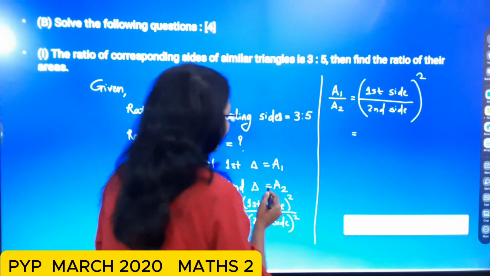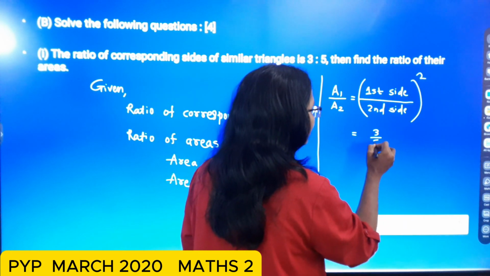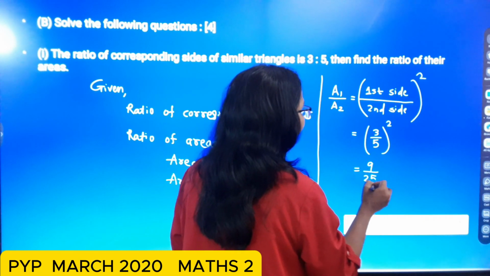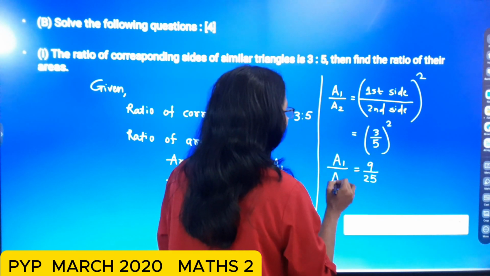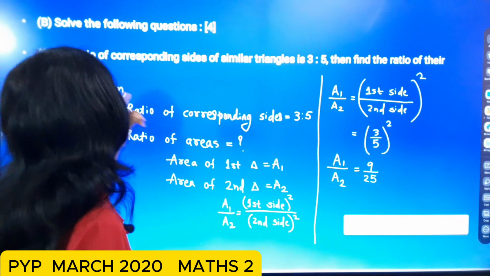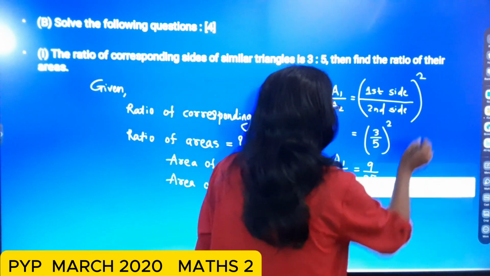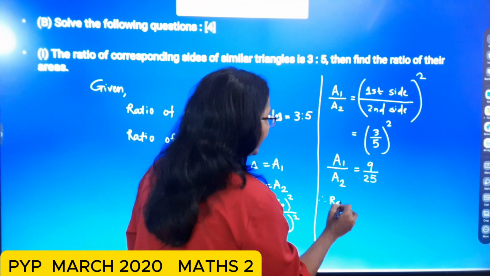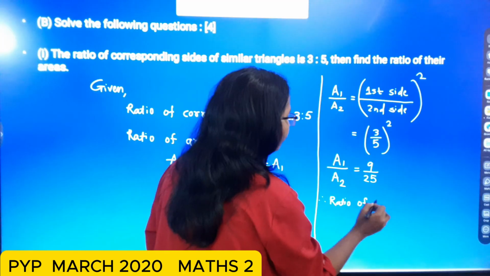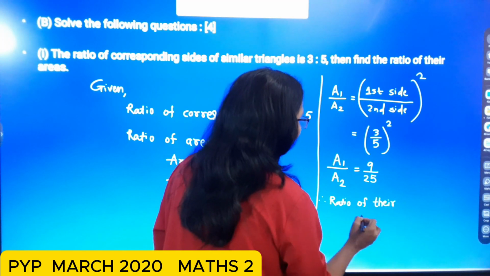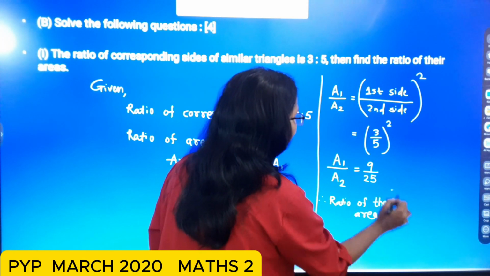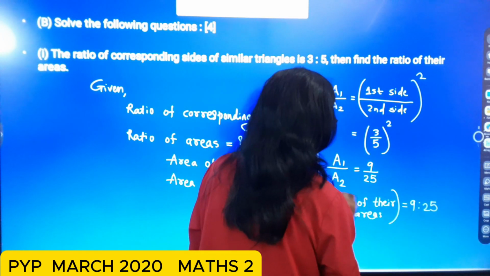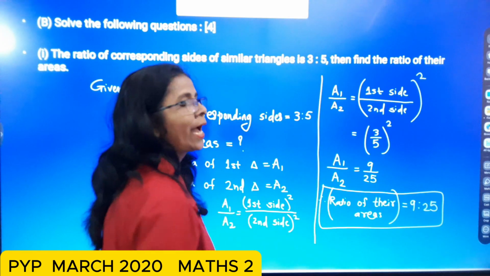Now here, the 3:5 means 3 upon 5 whole bracket square. So 9 upon 25. So that means students, the ratio of their areas, we write therefore ratio of their areas is equal to 9:25.